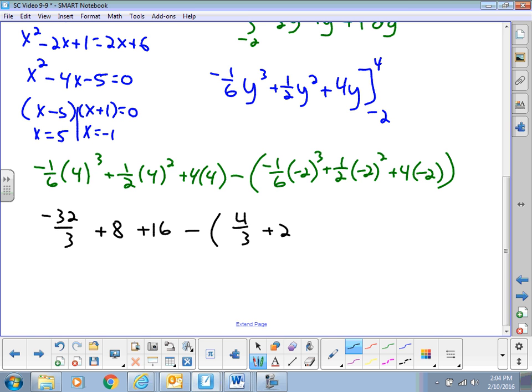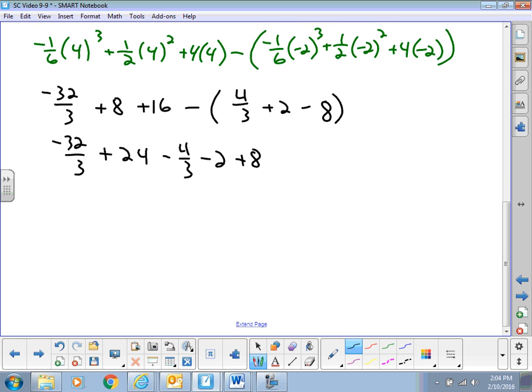And then we'll have negative 8. And if we distribute our negative, we'll have negative 32 over 3. Let's make this plus 24 minus 4/3 minus 2 plus 8. And if we combine these all together, it works out to a nice 18.